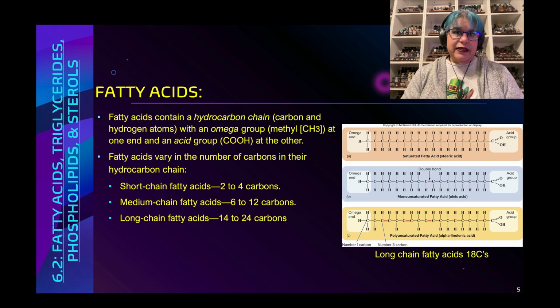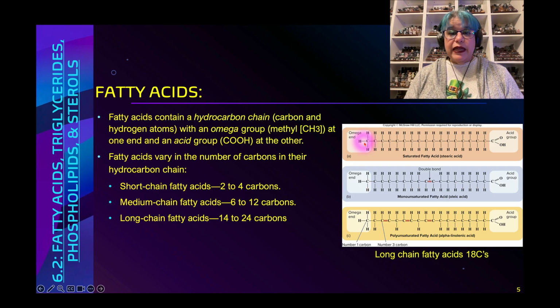So fatty acids are going to be these long chains of carbons that are filled with hydrogens. If you look over here, you'll see that I've got all of these carbons lined up in a chain, and I've got all of these hydrogens that are attached to those carbons.